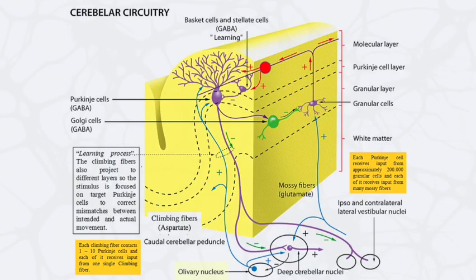That information is then going to go up into the molecular layer where those Purkinje cells have their projections. And there are different cells within the molecular layer. As labeled, there are basket cells and stellate cells. These help regulate some of the input going to the Purkinje cells.